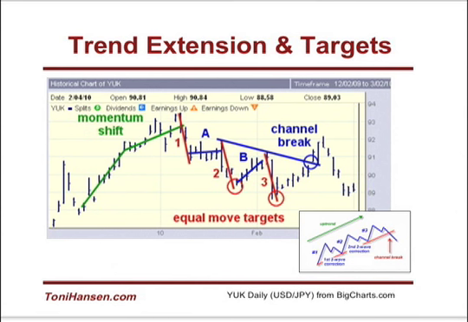Let's go back to the chart of the YUK that we were looking at. And we have this trend development here where there's 1, 2, 3 waves of downside. And what you will see is that the amount of time between waves 1 and 2 and between 2 and 3 is very, very comparable. You have about the same number of bars between each of those.